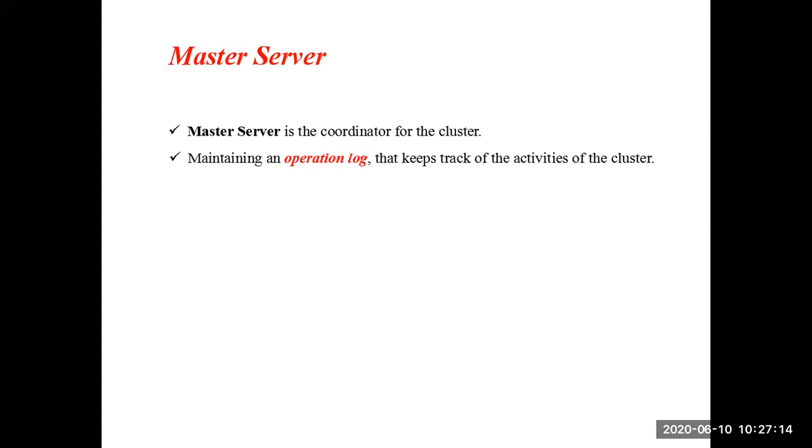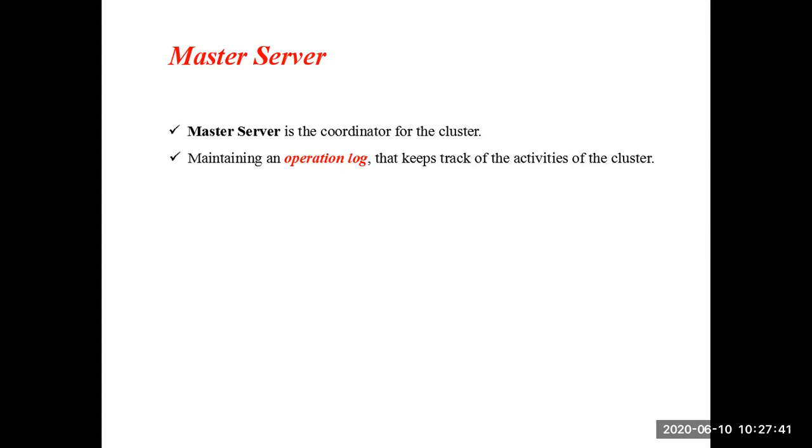One duty of this master server is that he has to maintain the operation log. What does this operation log contain? I think you have an idea about the logbook, the log file in DBMS.